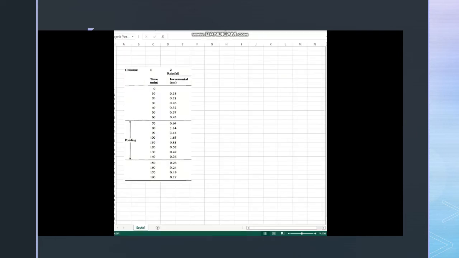Okay, let's write it down here. Time, which is in minutes, right? We have from 0 to 10, 20, so it's a 10-minute interval until 180.